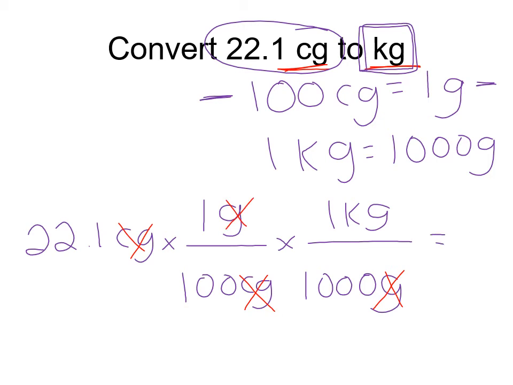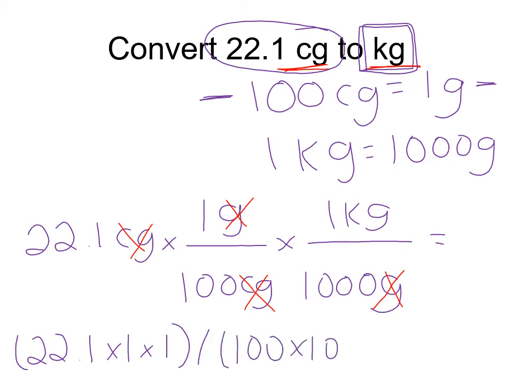Now to type this one in, because it's a multi-step problem, this is exactly how I would type it in. Open parentheses, 22.1 times 1 times 1. Close, divided by, open your parentheses again, 100 times 1,000. And why I'm doing it like that is you have to multiply all of the top together, and then you have to multiply everything at the bottom together, and then you divide. And so using these parentheses will allow it to go in the correct order of operations.